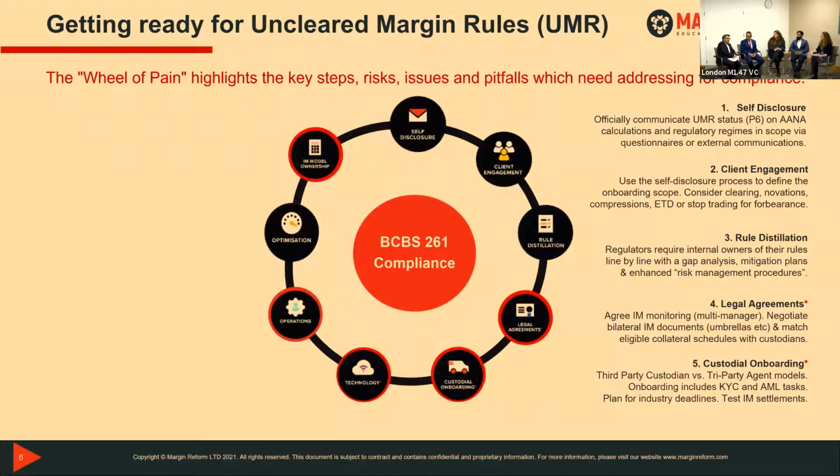The other distinction relates to the level of service that they're offering: third party versus tri-party. With tri-party, they do more for you. They will check the numbers, choose the collateral, and send it over. With third party, you've got to do a bit more of the running and actually give the instructions.